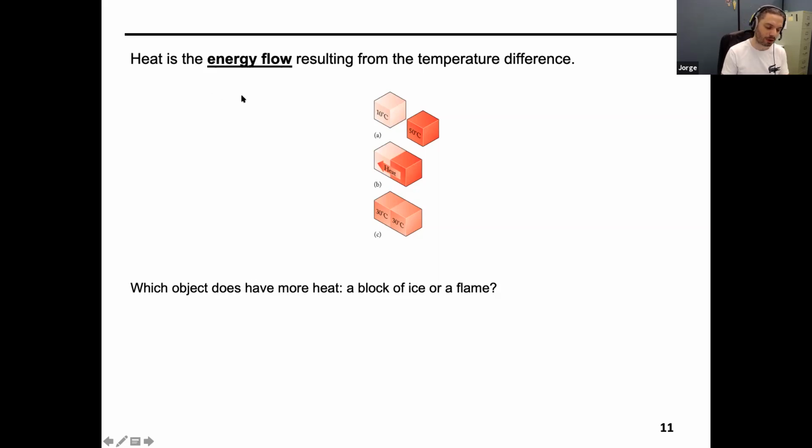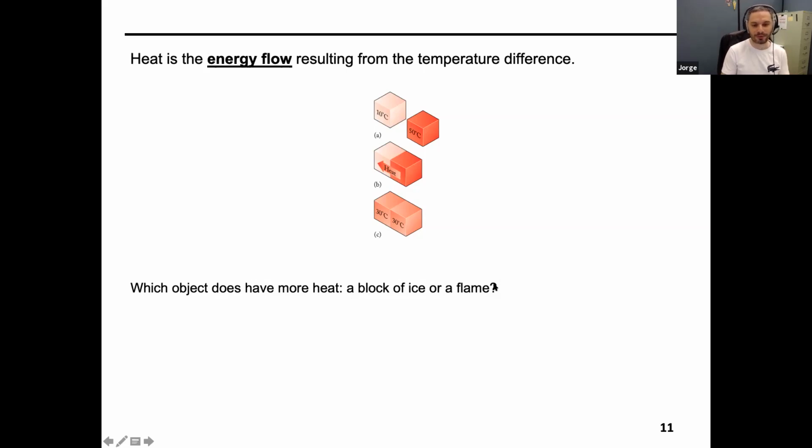So in the day-to-day, we use the heat concept in a not correct way. So therefore, none of the objects have more heat than the other one.